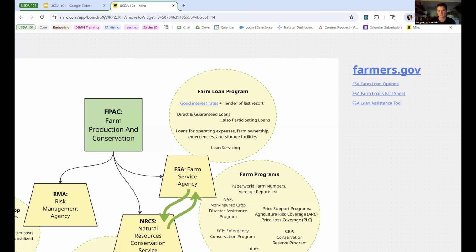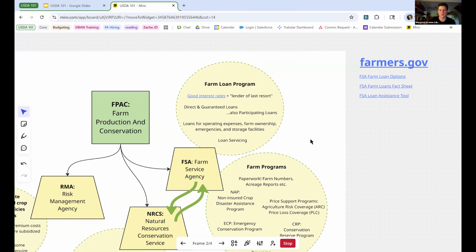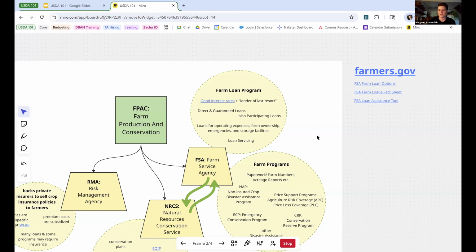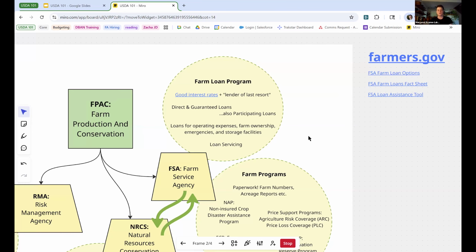One of the first things to understand about distinctions between loans is what is a direct loan and what is a guaranteed loan. So a direct loan is a loan in which FSA themselves are the lender. You are borrowing directly from FSA. A guaranteed loan is a loan that FSA is basically dealing with the lender, and they are guaranteeing to the lender that if they give you a loan, FSA will guarantee up to 95% of the principal of that loan.